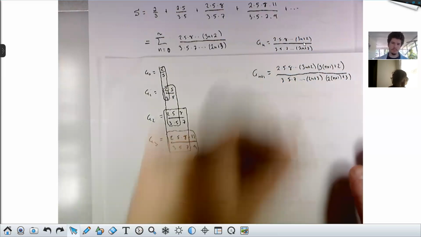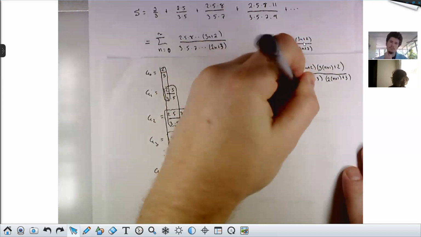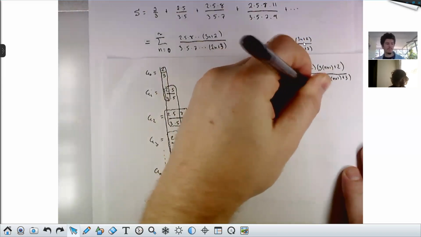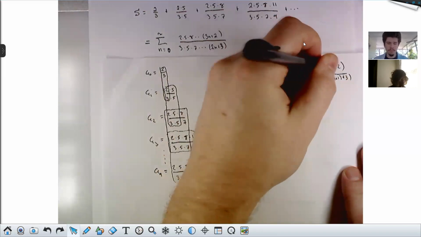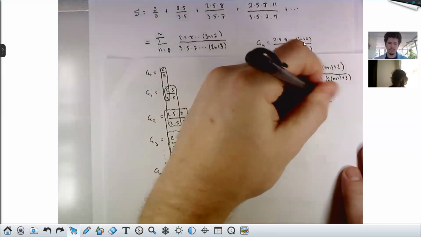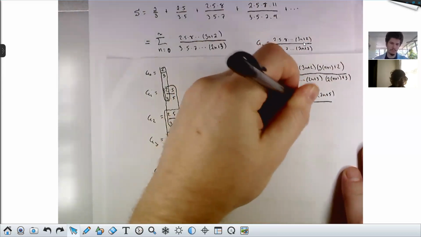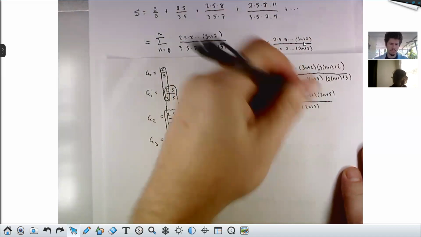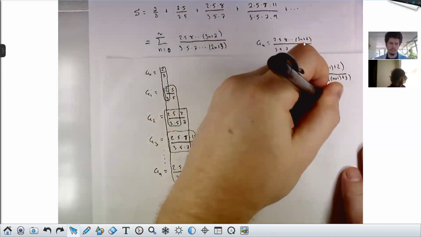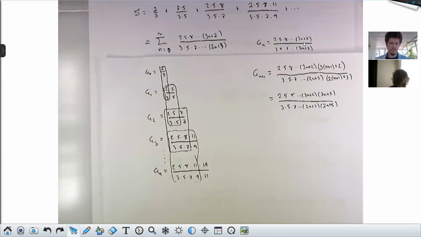And then we can simplify. So this is 2 times 5 times 8 out to 3n plus 2, and then this 3 times (n plus 1) plus 2 is 3n plus 5, like we said before. And downstairs is 3 times 5 times 7 out to 2n plus 3 times 2n plus 5. So this is our a_{n+1}.